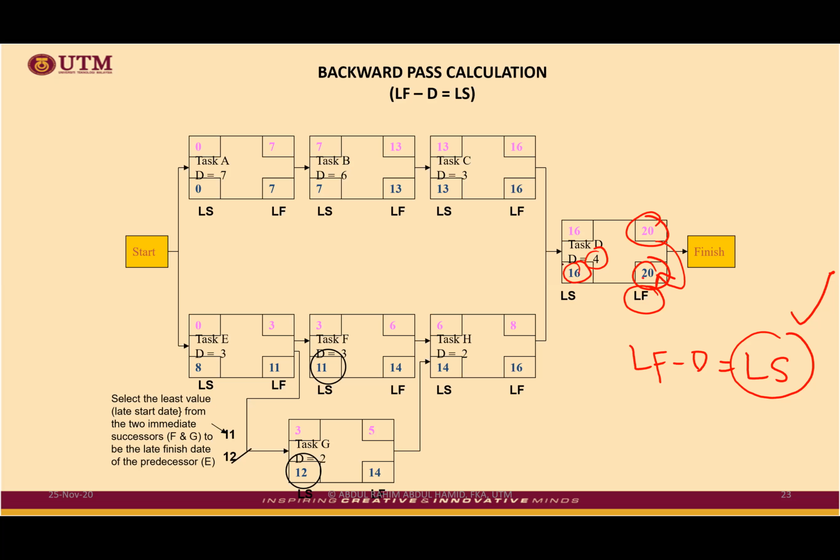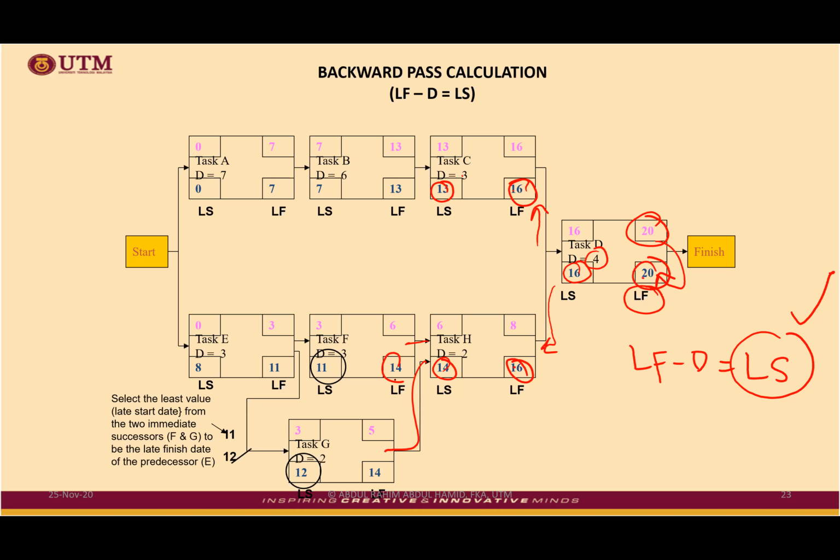And then this 16, you go back through this line, going backward. So 16 is here, 16 is here. Then minus everything inside the box. 16 minus 3 equivalent to 13. 16 minus 2 equivalent to 14. Then you notice for F and G, there are two activities going back here.